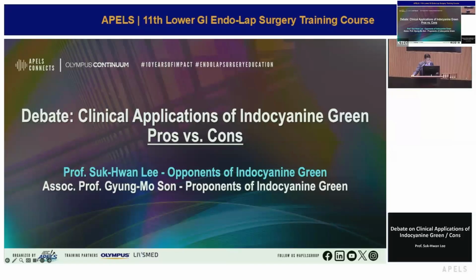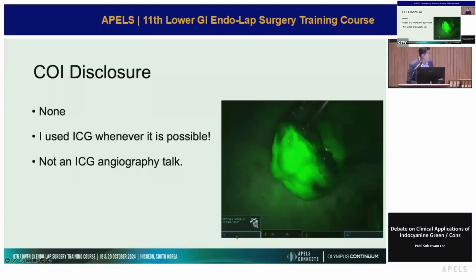Actually, as you can see, during these 8 years, Professor Son has done a lot of research about ICG angiography. But I raised a question about ICG lymphangiography. I use ICG whenever it is possible.